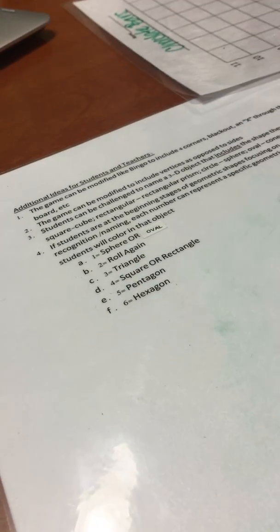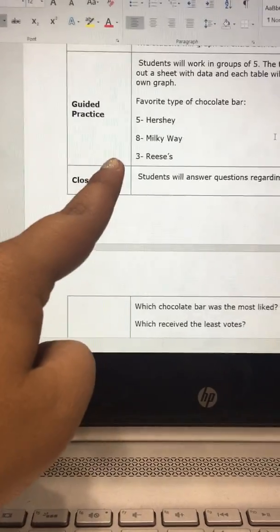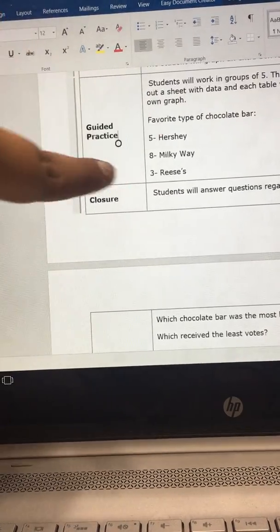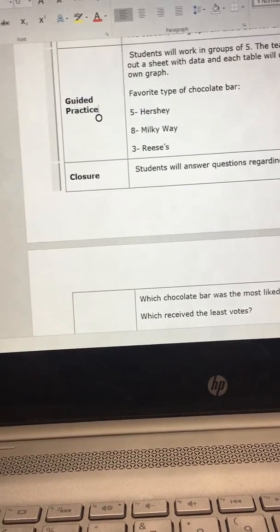There you go. Okay, so now you have to fill it in. Here's the information. 5 people liked Hershey's, 8 liked Milky Way, and 3 liked Reese's. So fill it in. 5 like Hershey's.